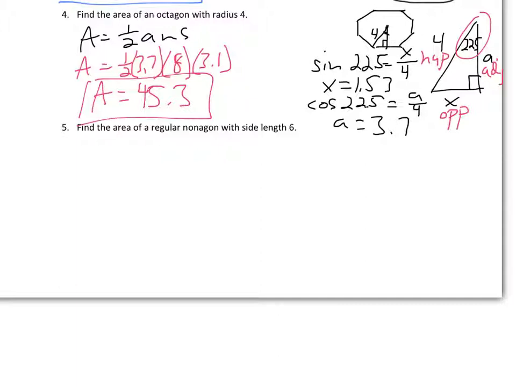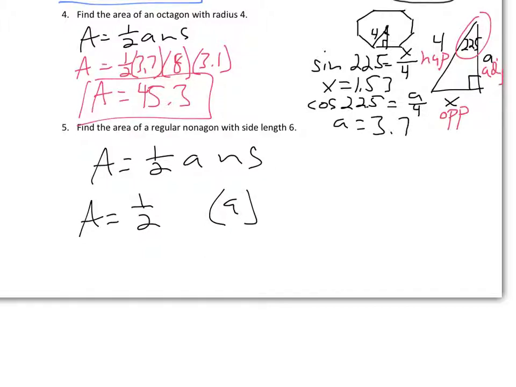Same type of deal. Okay, 1/2 A times n times s. We already know the side length. Okay, that's nice. We don't know the apothem yet, but we know that the number of sides is 9. Okay, so if you draw this, you don't even have to draw it. Let me show you a short way to do this. We know that all we have to do is find basically this right triangle, because all we need is the apothem, right?